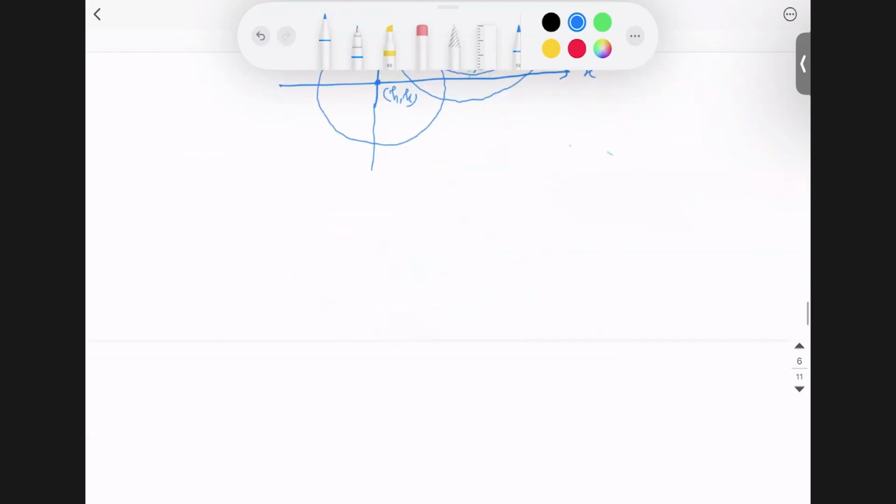So, first question is not a question, it will be the intuition.